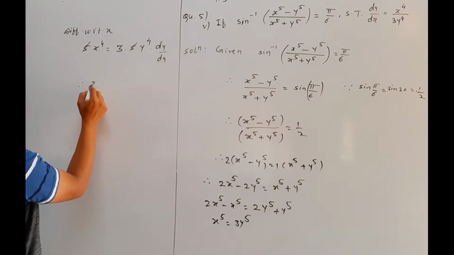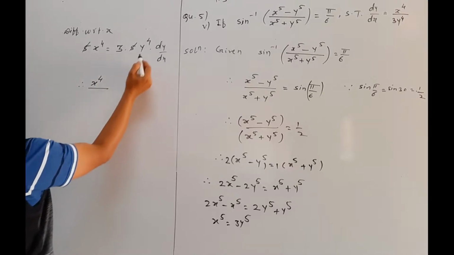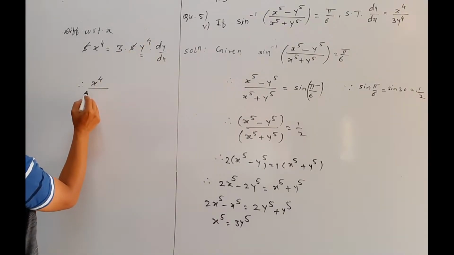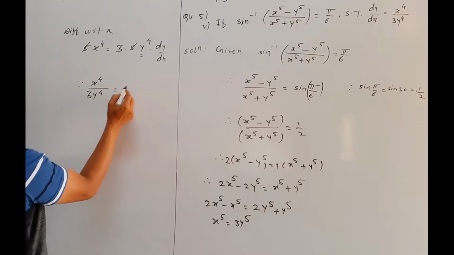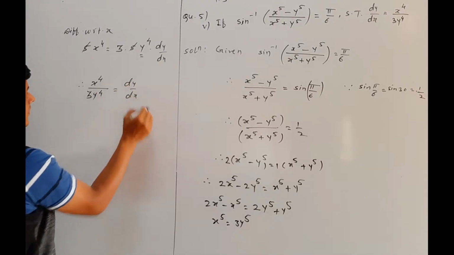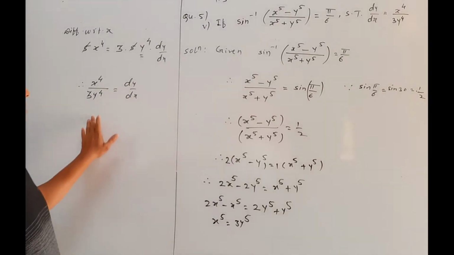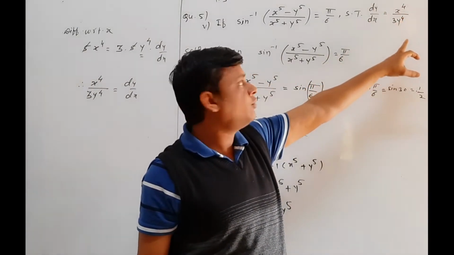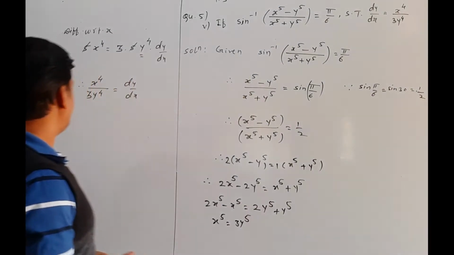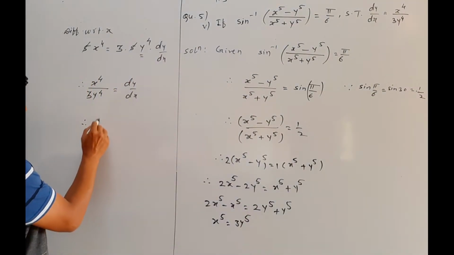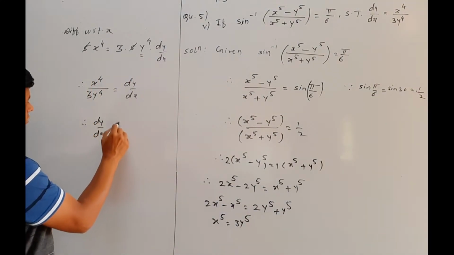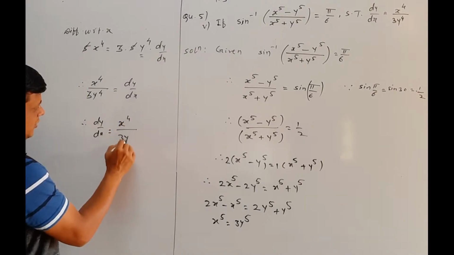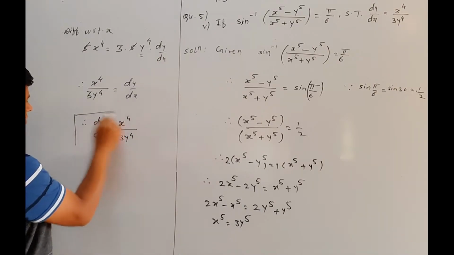So x^4 upon 3 into y^4 is equal to dy by dx. Now see here, we have to show dy by dx is equal to x^4 upon 3y^4. So we write this as dy by dx is equal to x^4 upon 3y^4, hence proved.